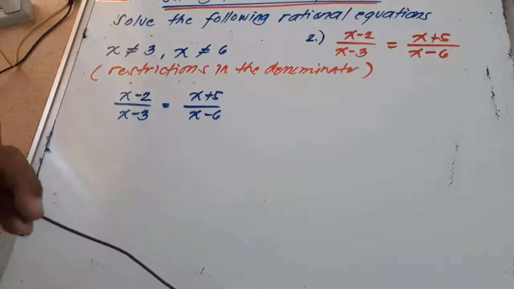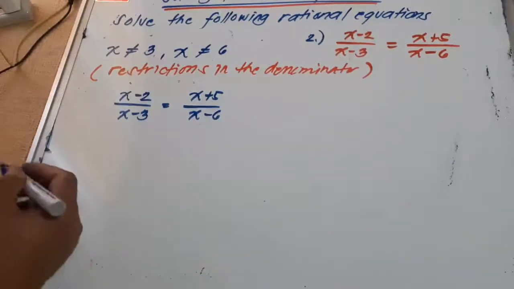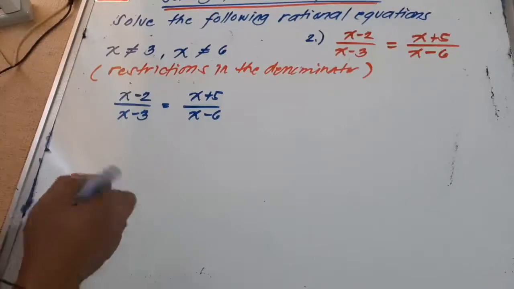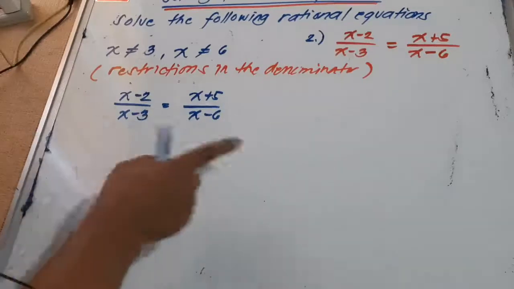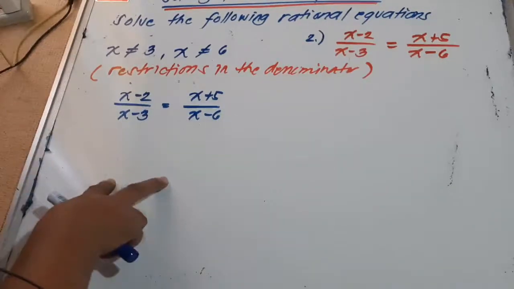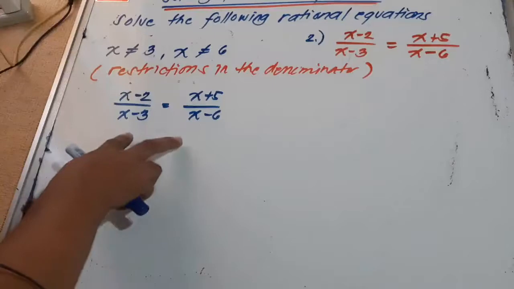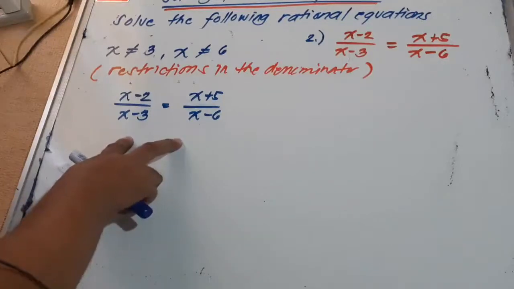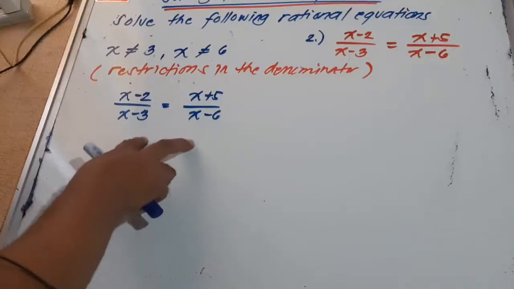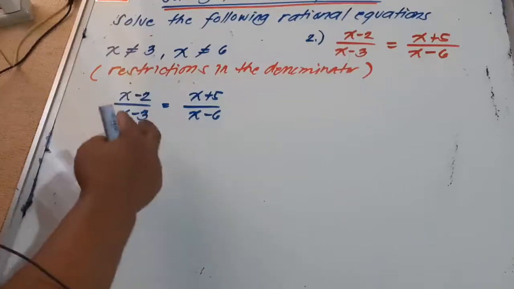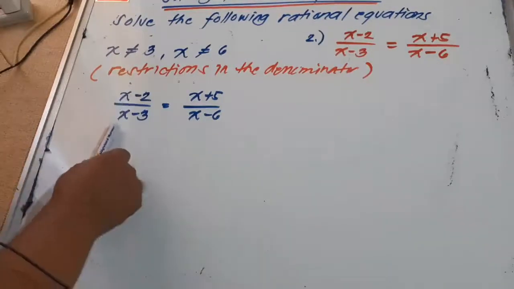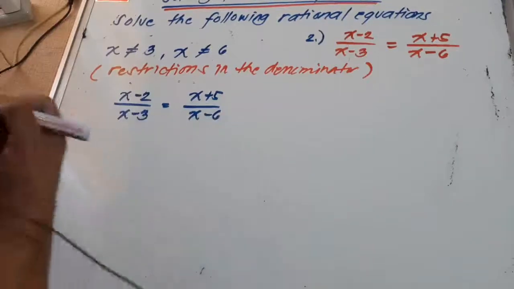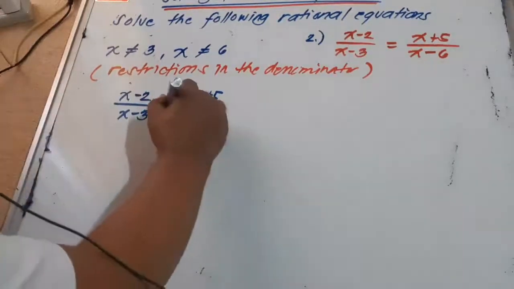Yung first example, sinolve ko yun, ang ginawa ko para ma-eliminate yung denominators is nag-multiply ako both sides ng mga denominators natin given para ma-eliminate yung denominators. Pero this time, I'm going to apply cross multiplication. Kasi isang rational expression lang naman dito, isang rational expression dito, we can apply cross multiplication.